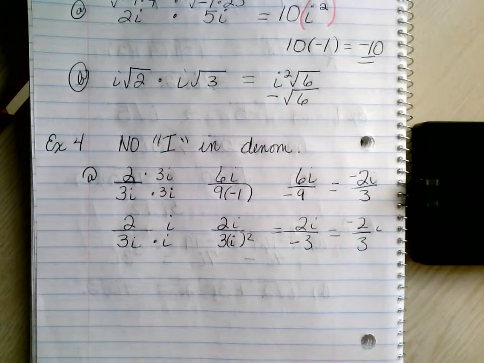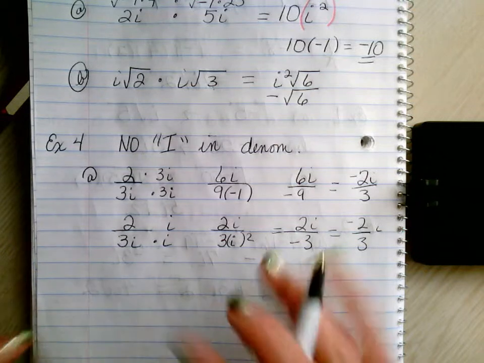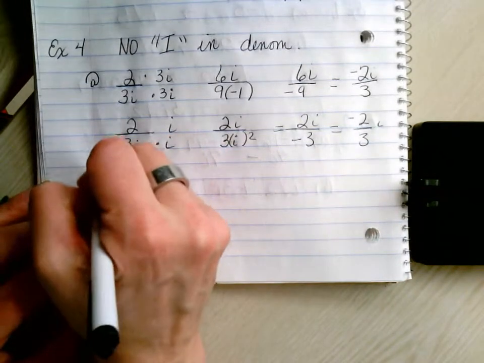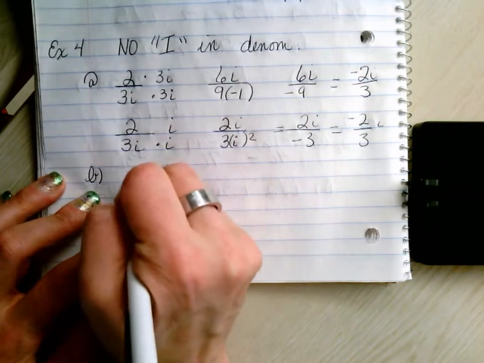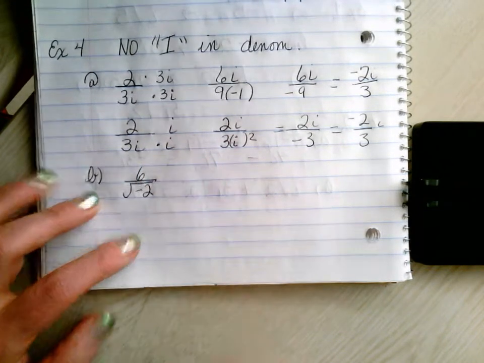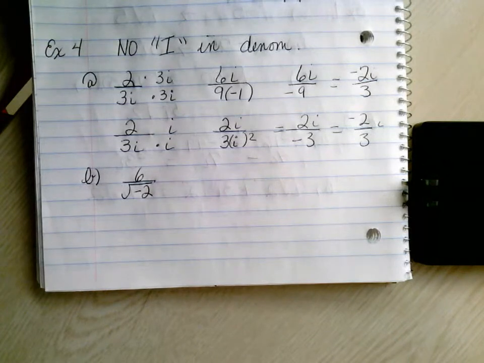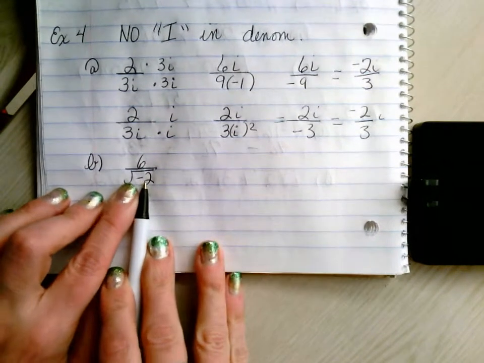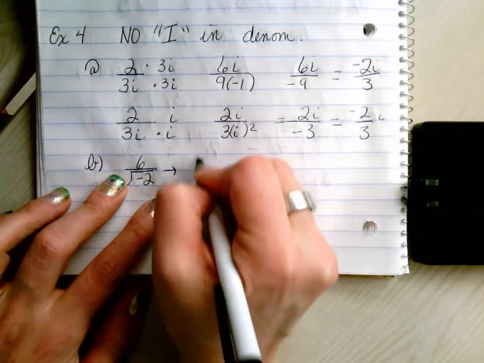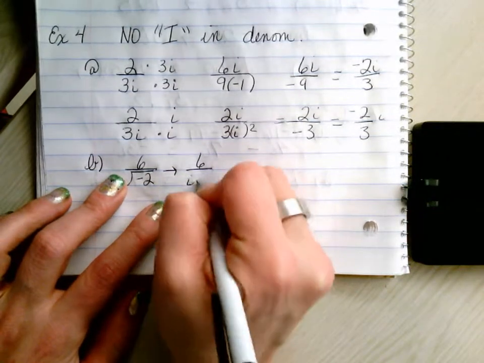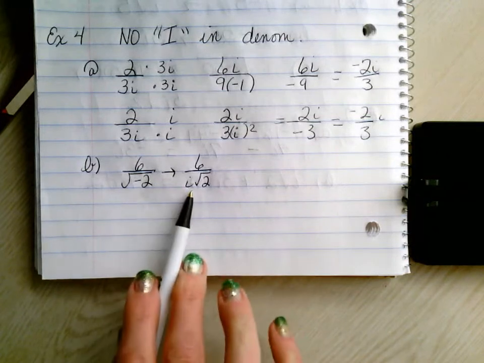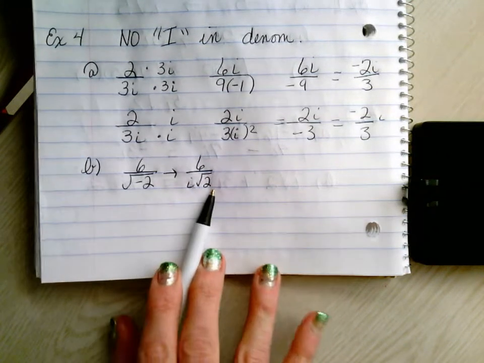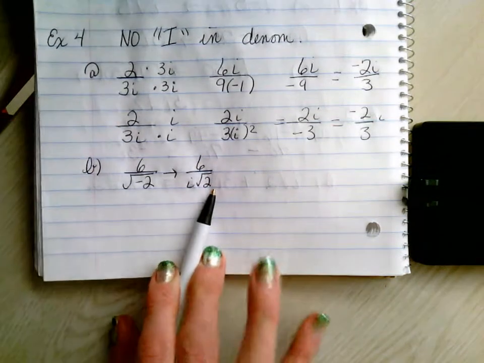Letter B, radical 2, radical negative 2. 6 over radical negative 2, and that's going to be i radical 2. You have to rationalize your denominator by multiplying by both the i and the radical 2. That's why I always just multiply by both parts.